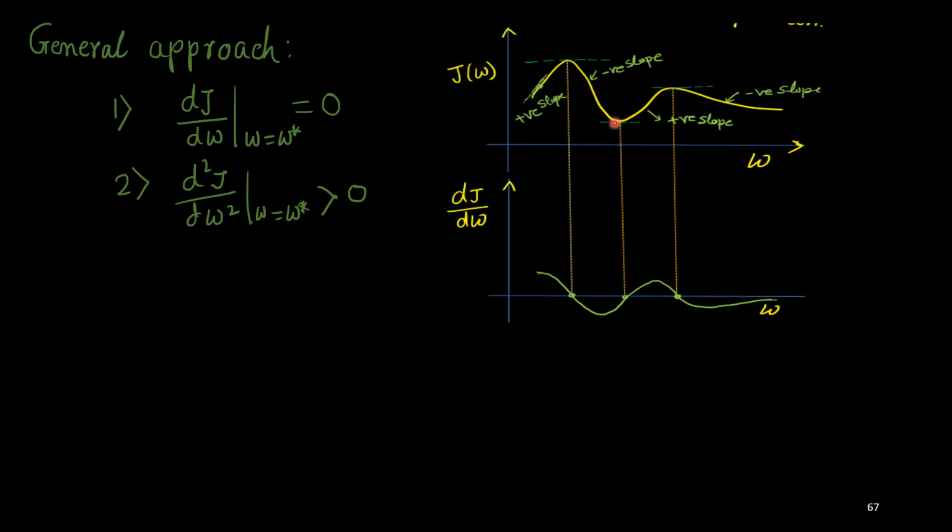If I plot the derivative with respect to this w, obviously whenever there is a maxima, its derivative is 0 because its slope is becoming 0. Similarly, at the minima also the slope is becoming 0, so the derivative is 0. And here also the slope is 0, so the derivative is 0.